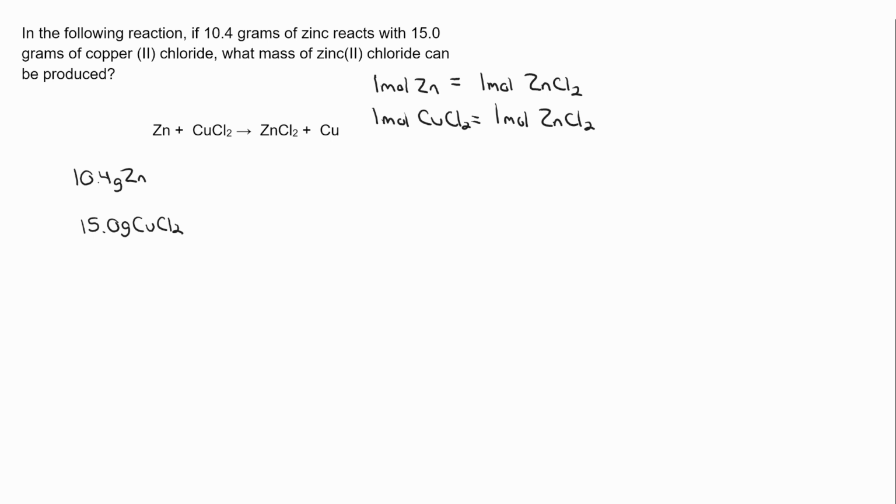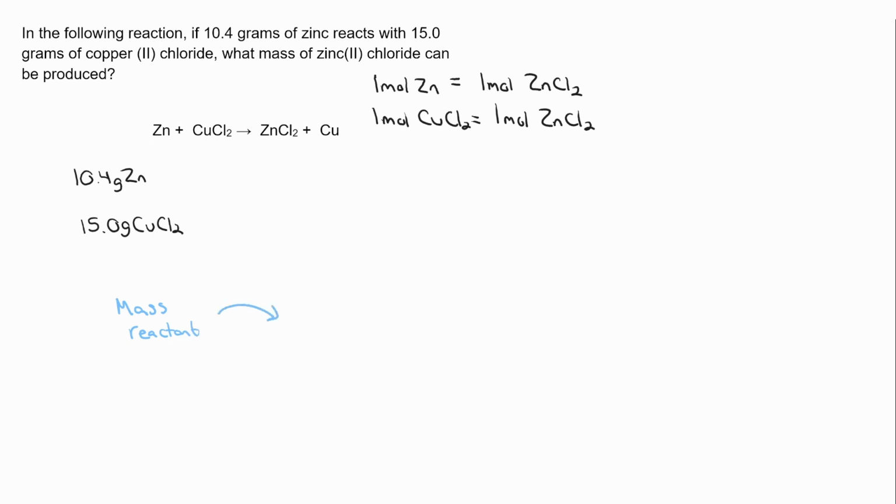Now, when we do these stoichiometry problems where we're given the grams of a reactant and we're trying to find the grams of a product, we have to take this specific roadmap. Let's say we have the mass of a reactant.